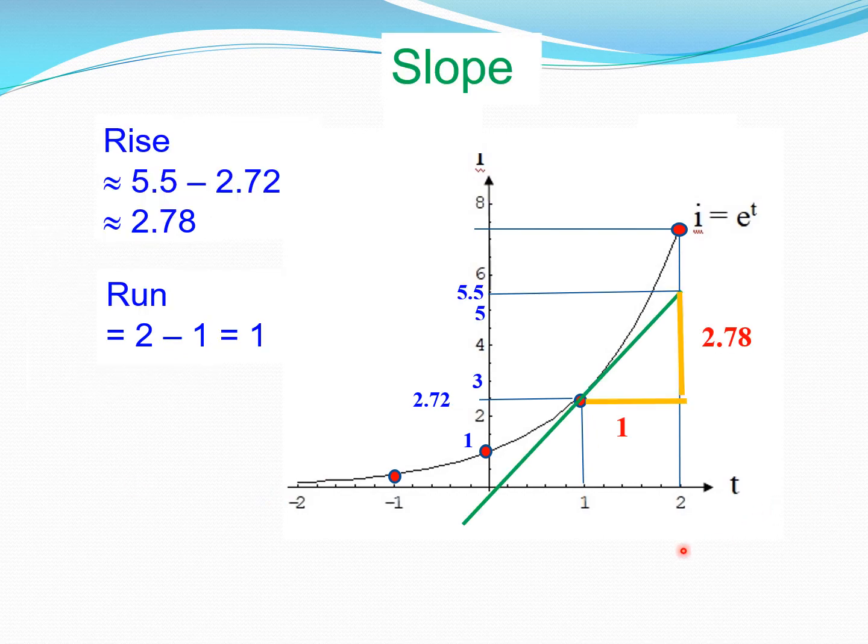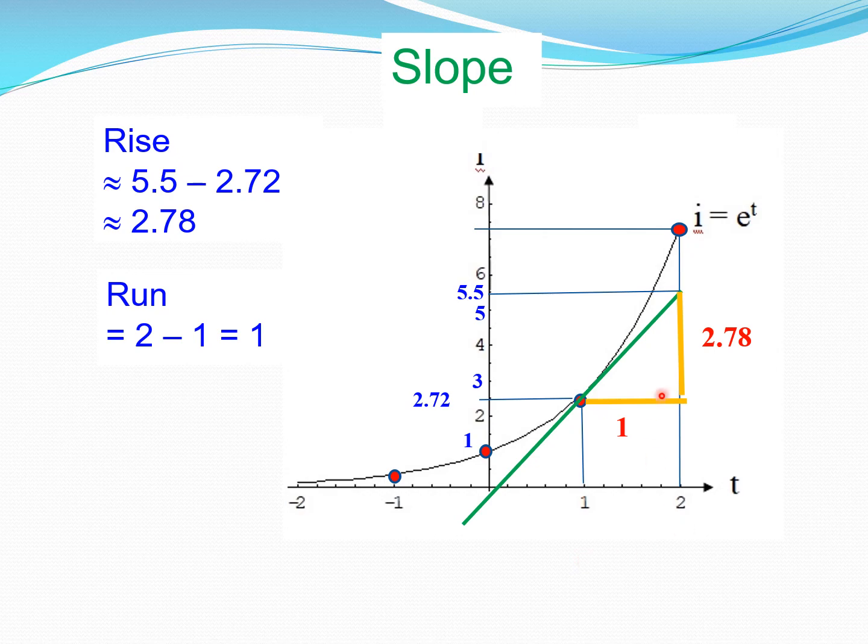Now, the interesting question we could raise is, what's the slope on this exponential graph at any value t? If we look at t equal to 1, for example, at the slope of that green line we've drawn there, and draw a little triangle underneath, going from 1 to 2, the run is 1.